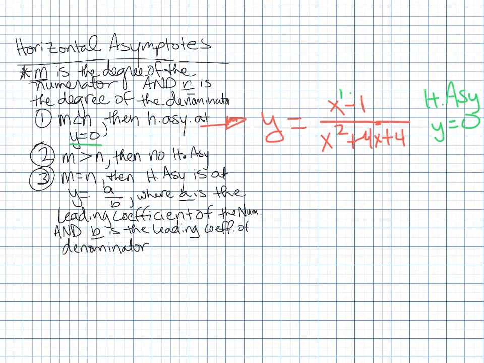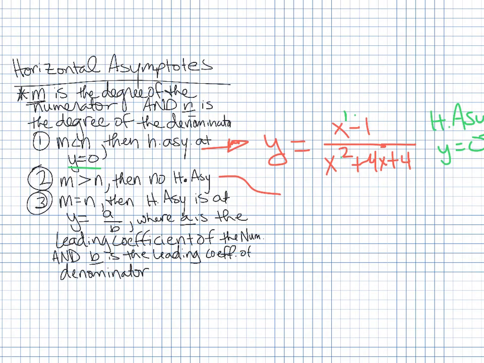Looking at scenario 2, m is greater than n. Just imagine we had the reciprocal. If it looked like this instead, comparing those degrees, since the one on top is larger, then there's no horizontal asymptote.